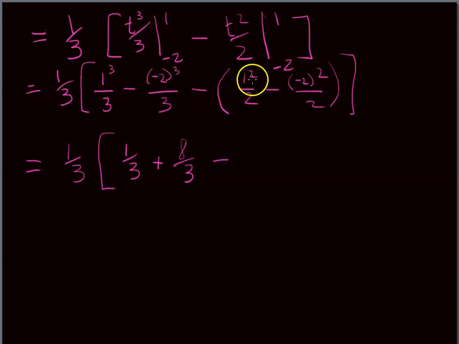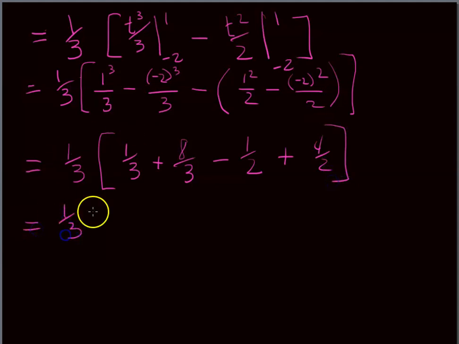Minus, this is going to be 1/2, and then this is minus, but it makes it a plus, 4/2. So this is 1/3. This becomes 9/3 or 3, and this is 3/2 positive.